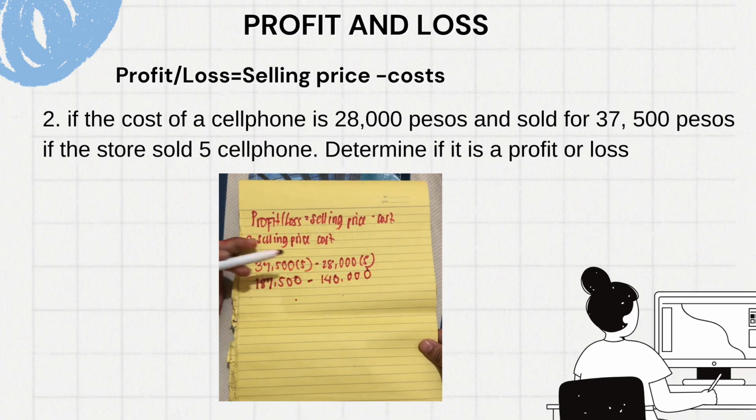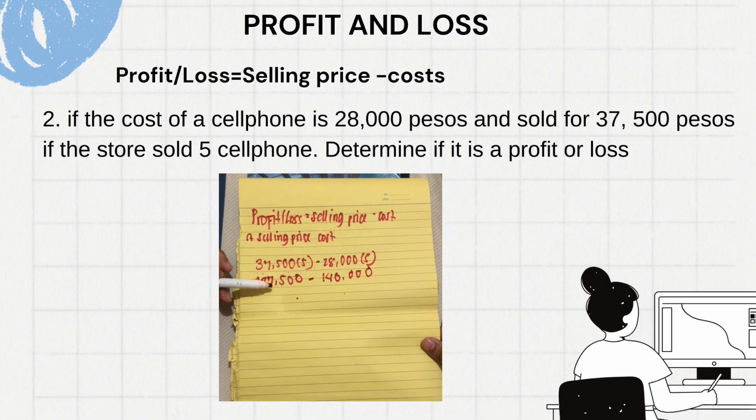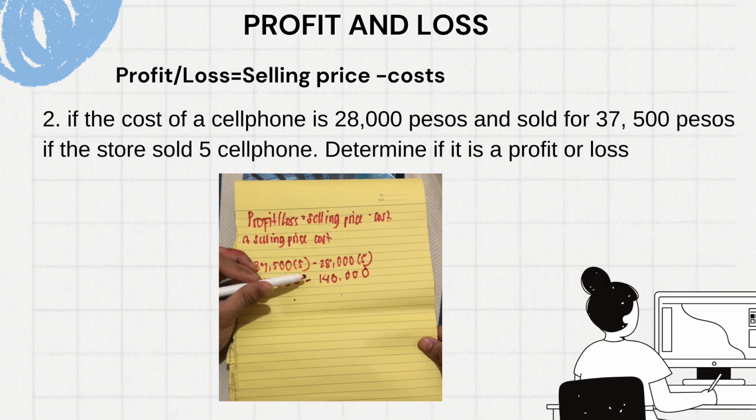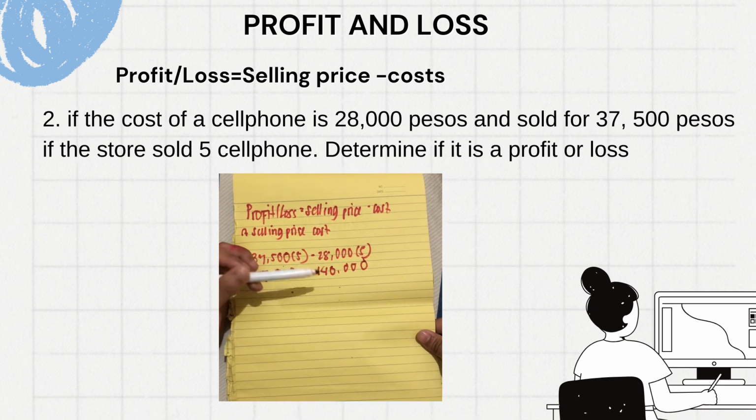And now, let's subtract 187,500 minus 140,000.